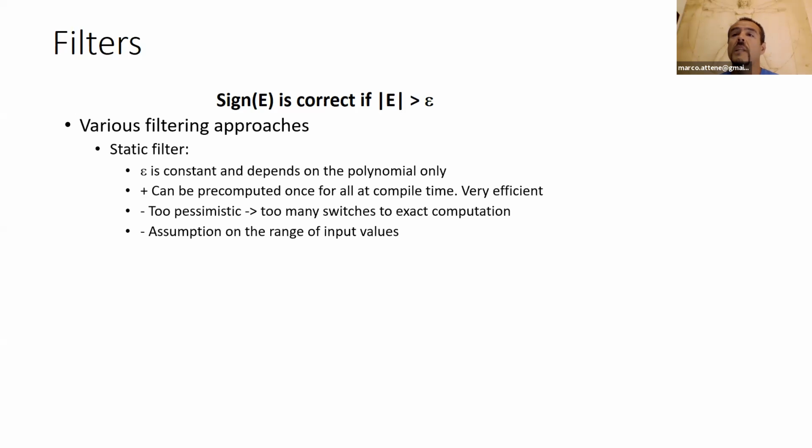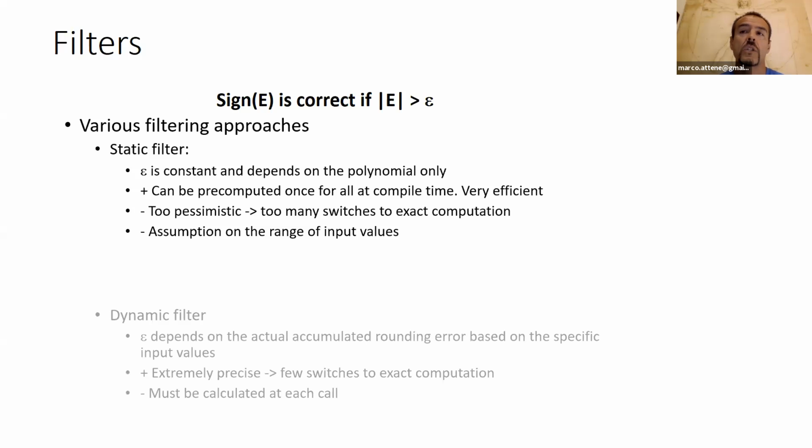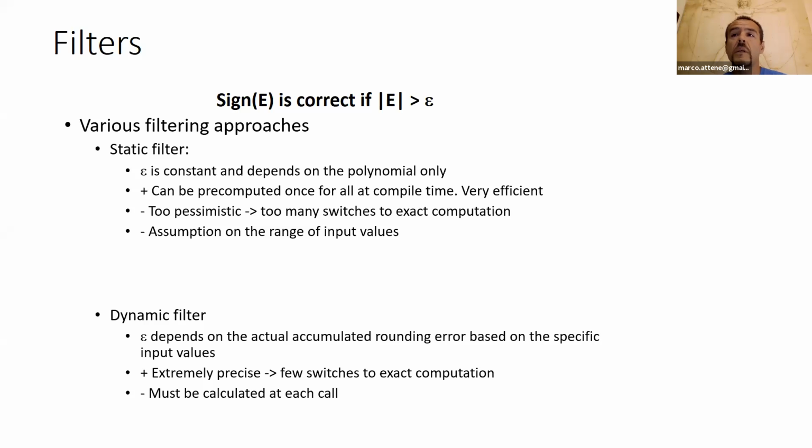For example, in a static filter, the threshold can be calculated once and for all, and it is independent of the actual predicate's input. So this is very fast, but fails a lot. On the contrary, in a dynamic filter, input values are used to calculate tight thresholds at each predicate call.